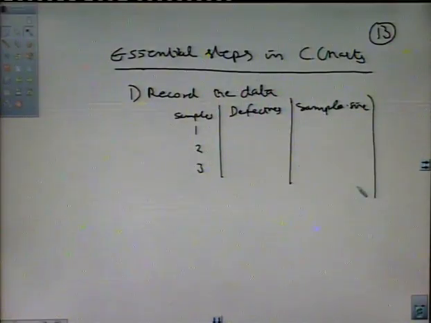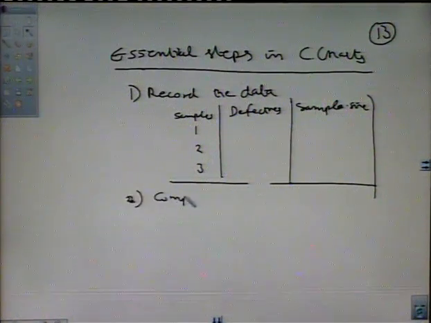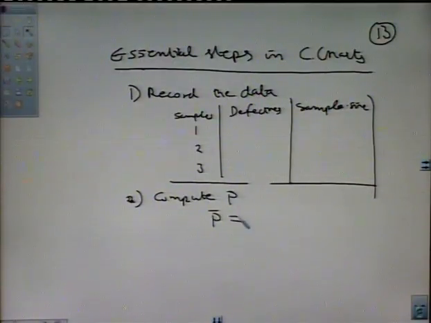So in this tabular form we are going to record the data. This is the first step. Second step is we compute the value of P bar. This is P1, this is P2, this is P3.